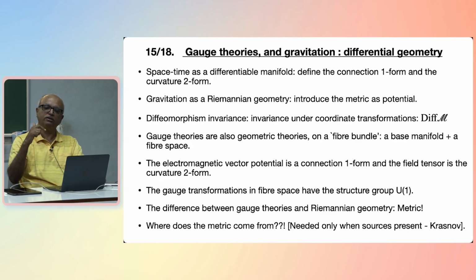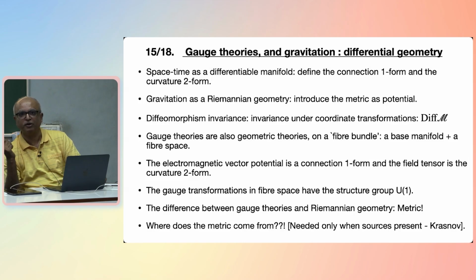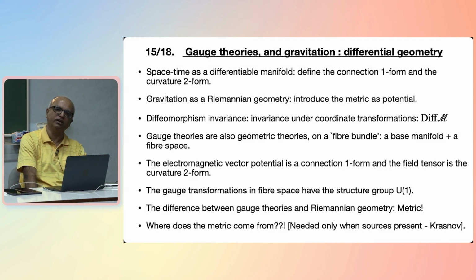If the fiber is a Lie group, the fiber bundle is called a principal bundle. If the fiber is a vector space, we call it a vector bundle. You get what I am saying? Both are fiber bundles, but of a different kind. So in general relativity the fiber is a vector space, and in electrodynamics it is a Lie group. That's a profound difference.